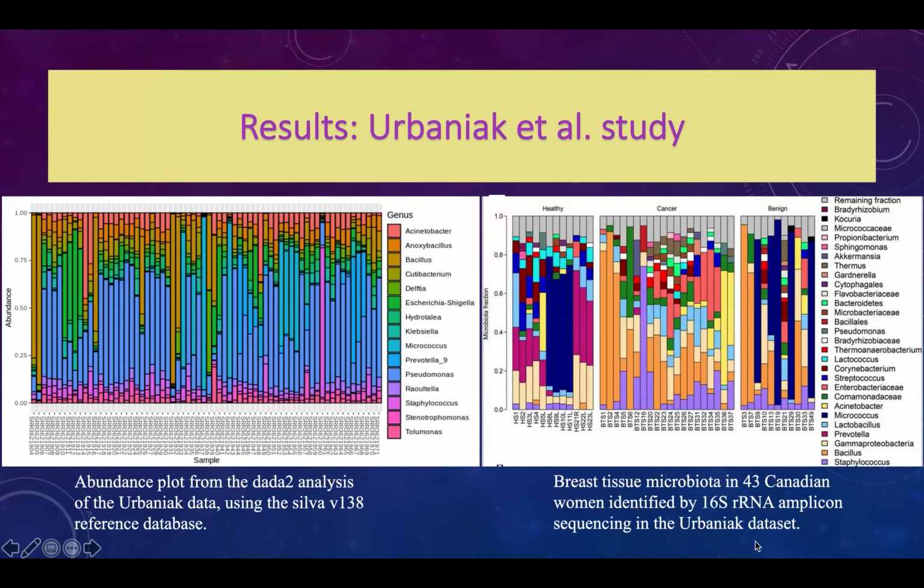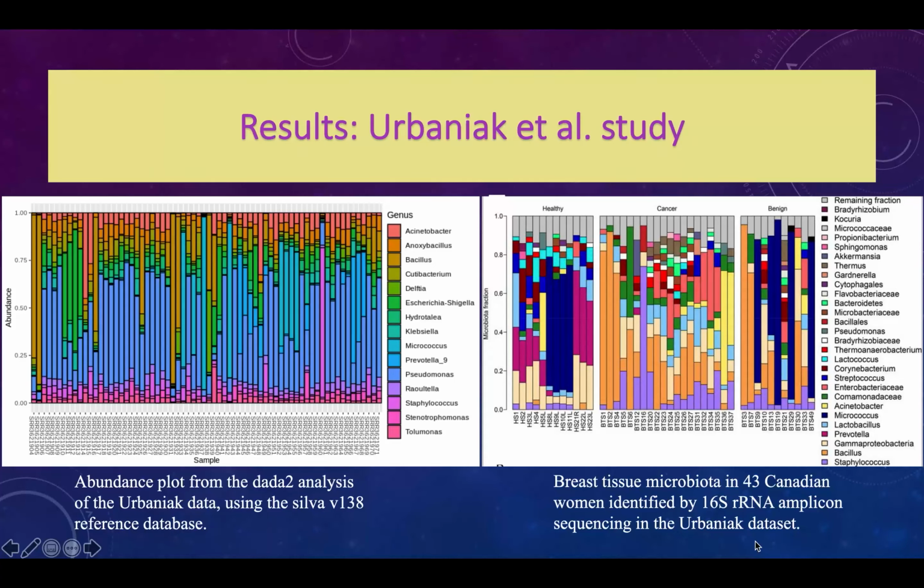So on the left is the abundance plot from the DADA2 analysis of the Urbaniak data using the Silva version 138 reference database. On the x-axis, it is separated by each sample to compare with the graph from the original study, which looks at the breast tissue microbiota in 43 Canadian women identified by 16S rRNA amplicon sequencing in the Urbaniak dataset.